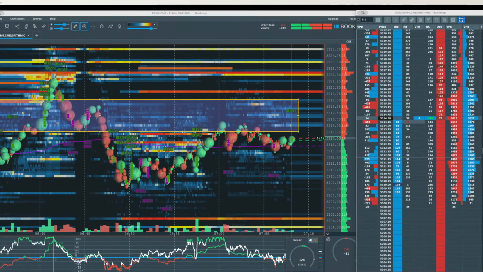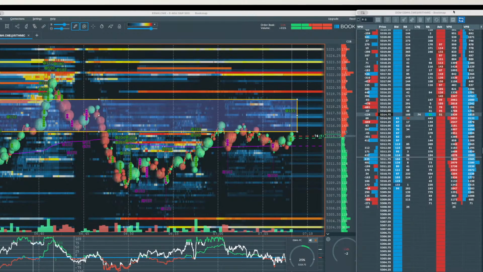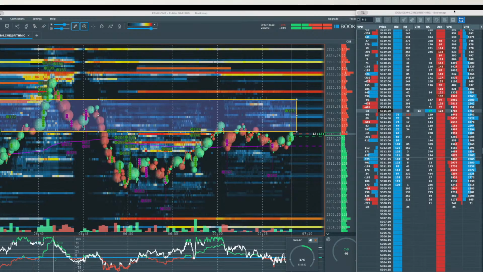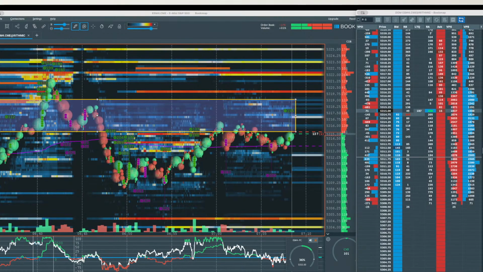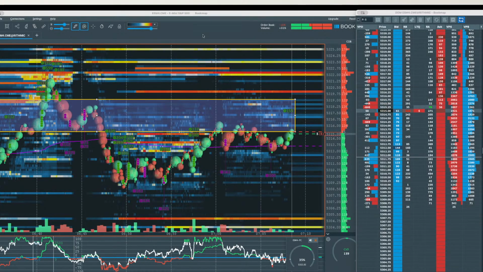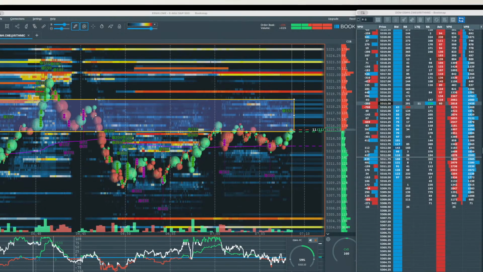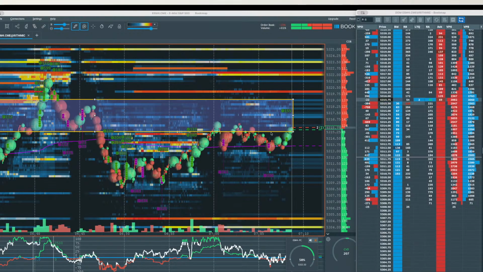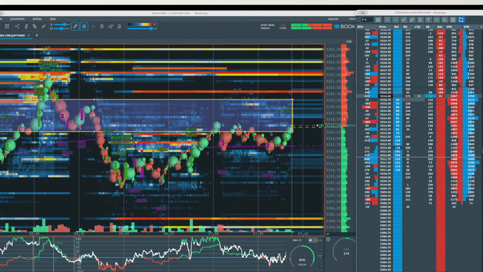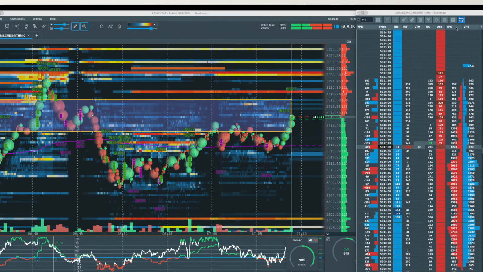Sweep ESM for CME buyers at 5,314.5. Sweep ESM for CME buyers at 53.17.